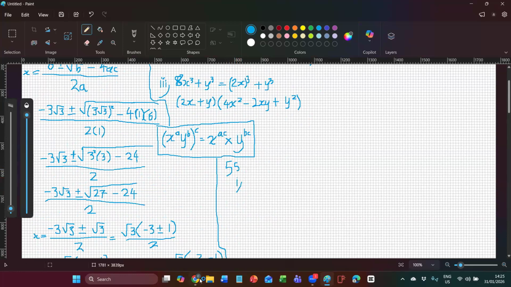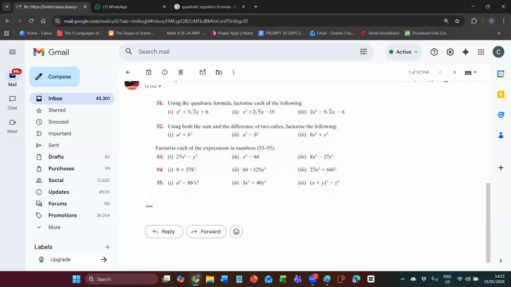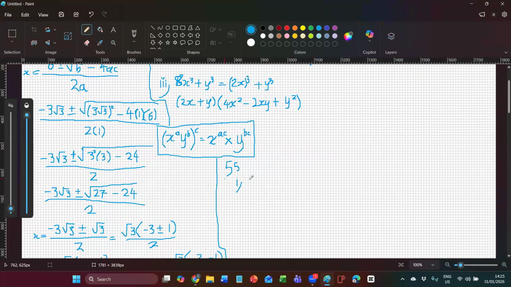All right, so what does it say? 55, 1 says a cubed minus 8b cubed c cubed. A cubed minus 8b cubed c cubed. Oh goodness, that is not cubed. Okay, b cubed c cubed.